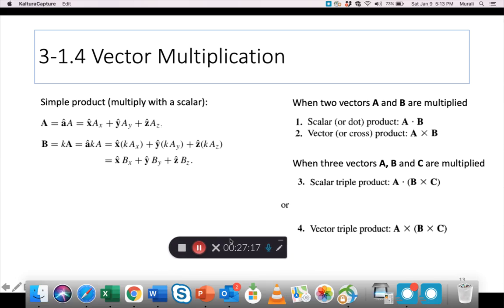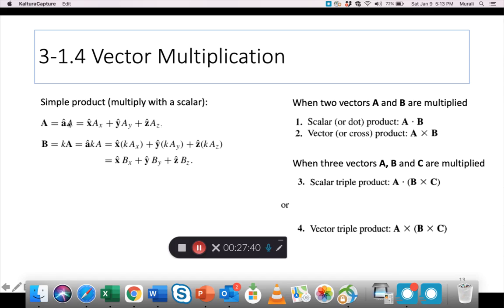Okay, moving on, the simple product, we are in vector multiplication now, so that's 3-1.4. So there's two types of products. Actually there's three, but let's generally ignore this and look at the two here. So a simple product where you multiply a vector with a scalar.